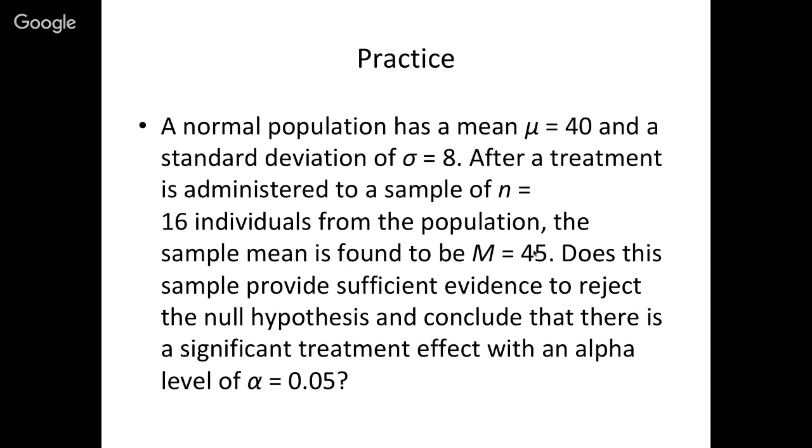It's still possible. So we have a 5% probability of getting this extreme sample if the treatment has no effect. So the 5% is the probability of type 1 error.